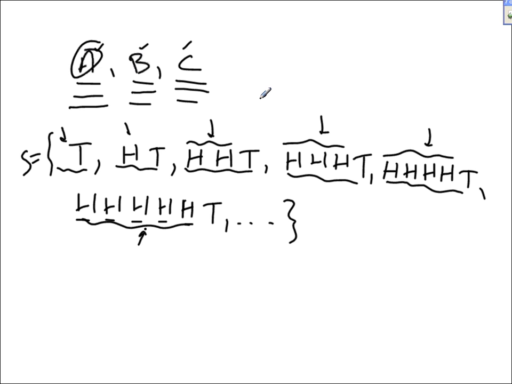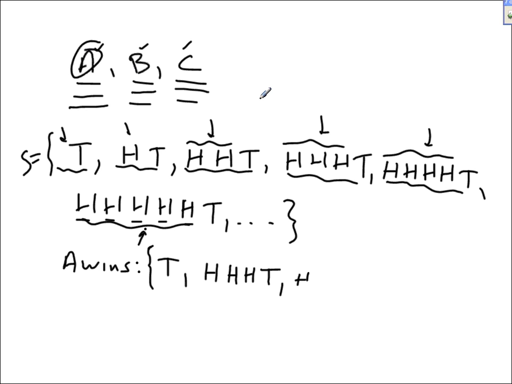How would you describe that A wins? Well, A can win if Abe comes and tosses the tail, or Abe, Betty, Carlos get heads, and then Abe gets the tail and wins.